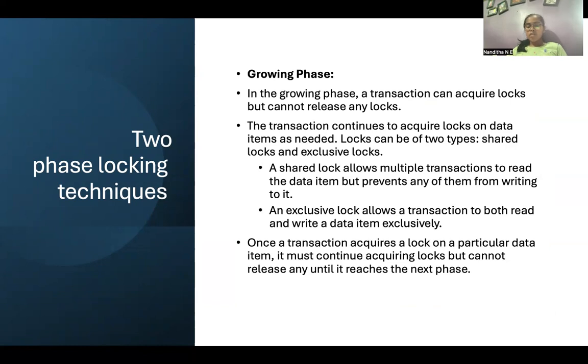A shared lock allows multiple transactions to read the data items but prevents any of them from writing to them. An exclusive lock allows a transaction to both read and write a data item exclusively. Once a transaction acquires a lock on a particular data item, it can continue acquiring but cannot release any until it reaches the next phase.